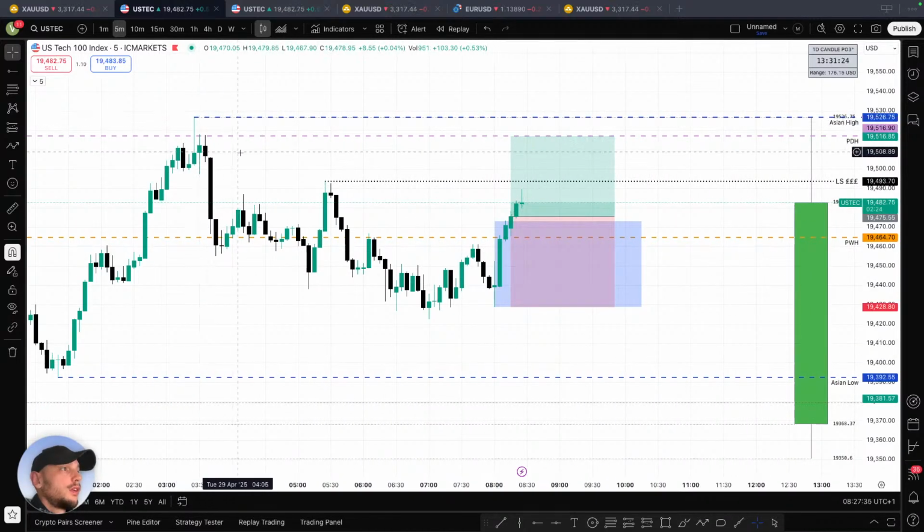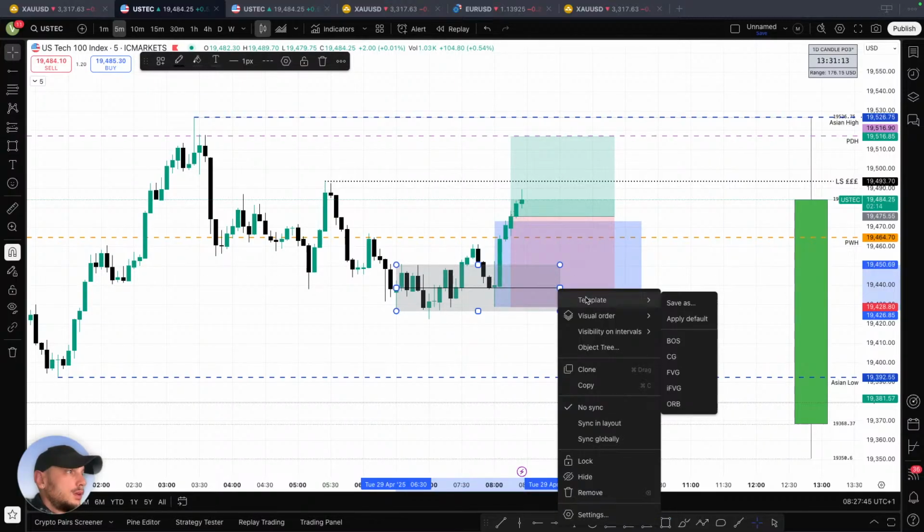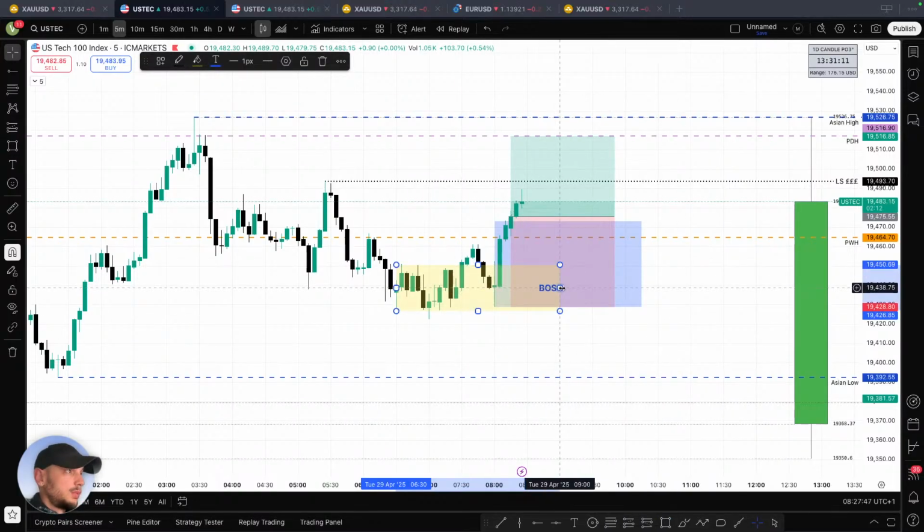So we've been on 5 minutes now, we're watching. We've been in a downtrend, and here we made a change of character. So this works in our favor. This was the last break of structure here.